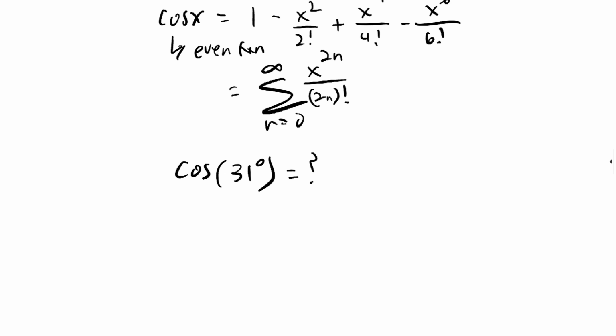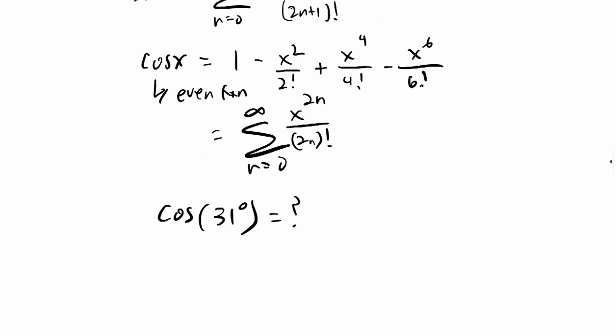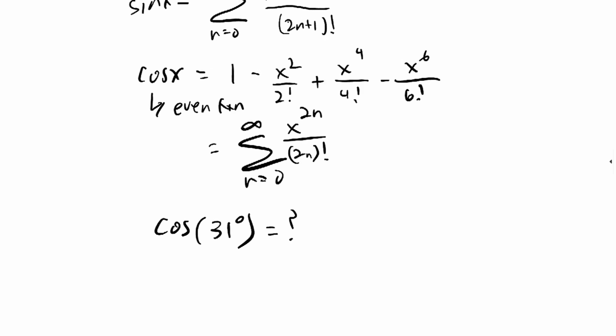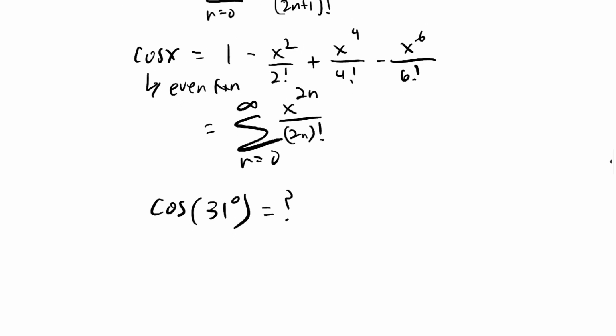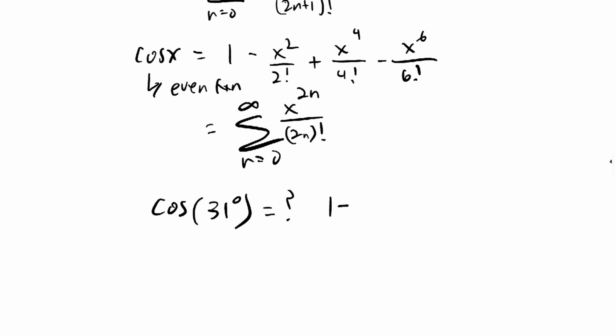And from here, it's really important to notice that this is how calculators are doing their calculations. They're actually putting in 1 minus 31 squared over 2 factorial plus 31. Actually, sorry, it's not 31 they're putting in, it's actually the radian version.